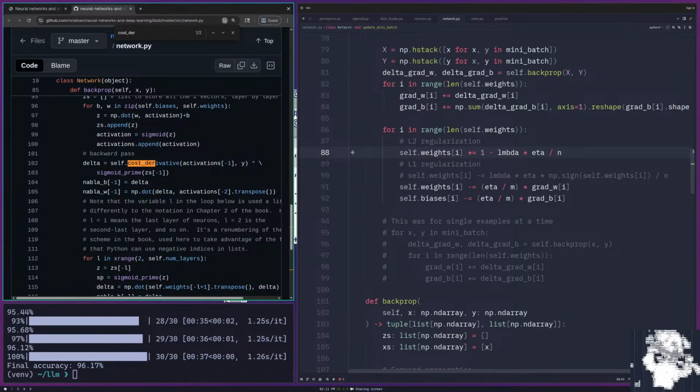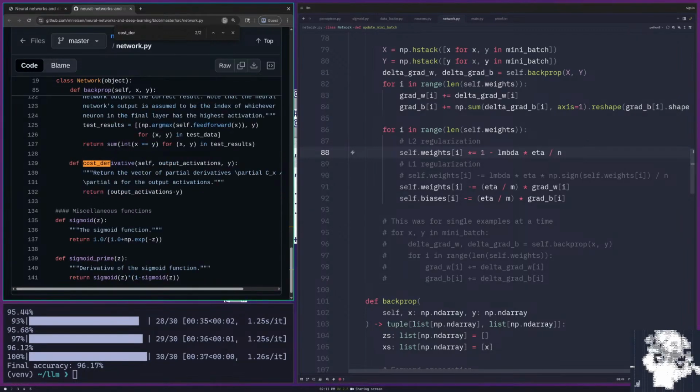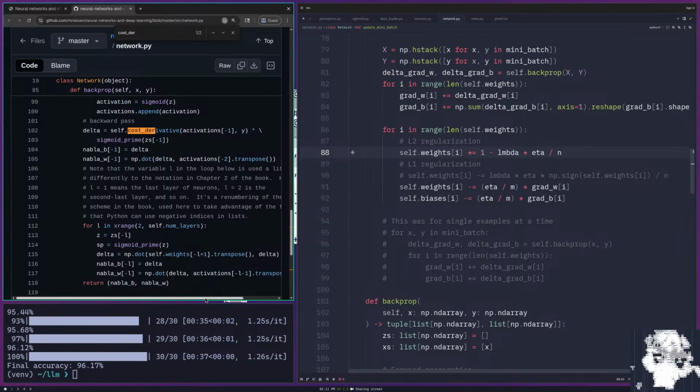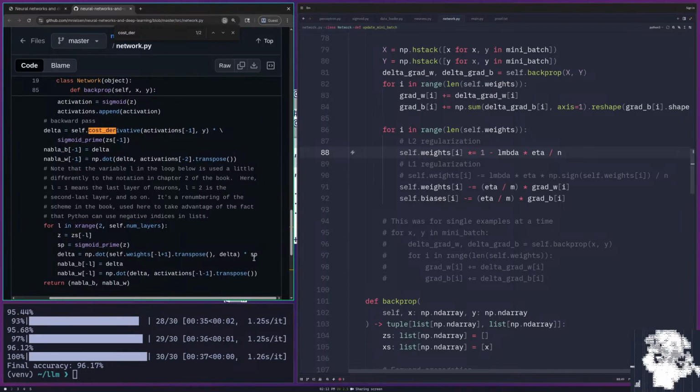Cost derivative. So it's output minus y, and then you multiply that by a sigmoid prime, right? Delta, yeah, you're multiplying it by a sigmoid prime.